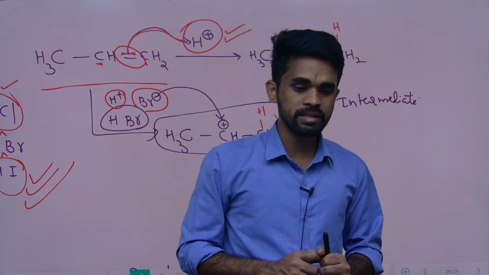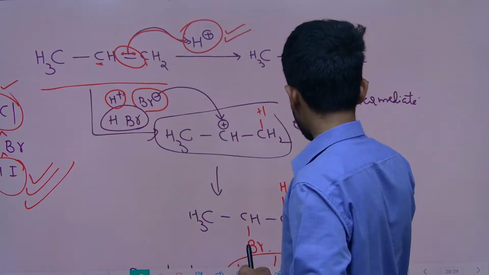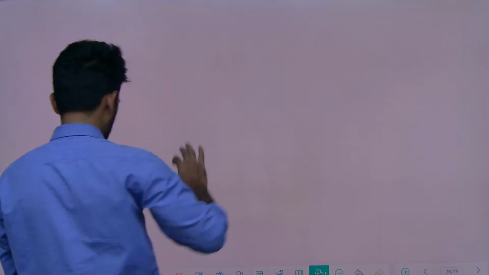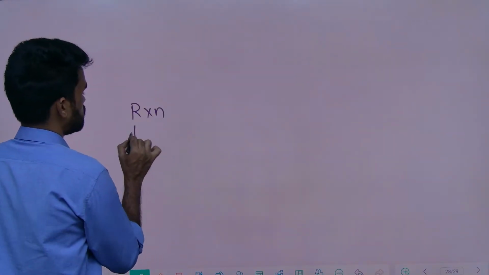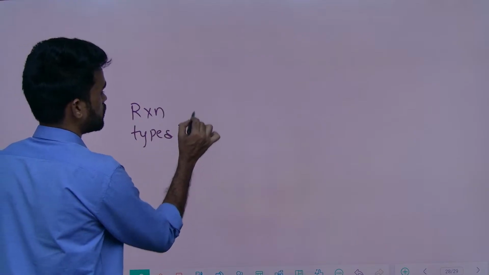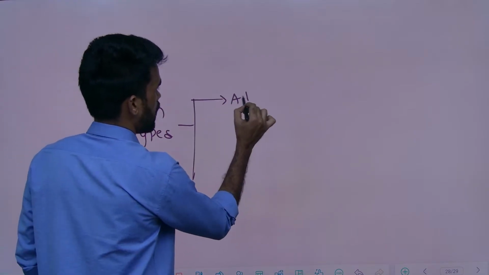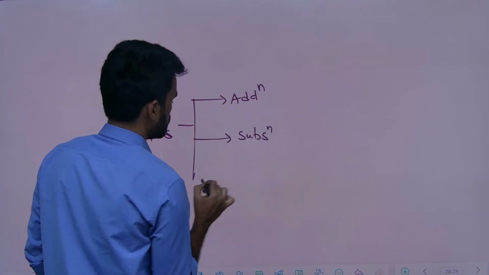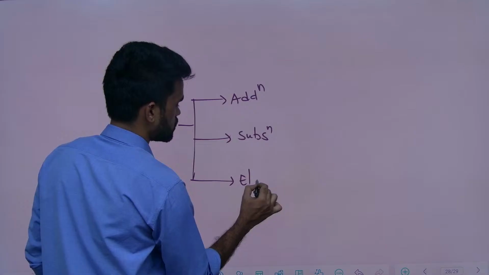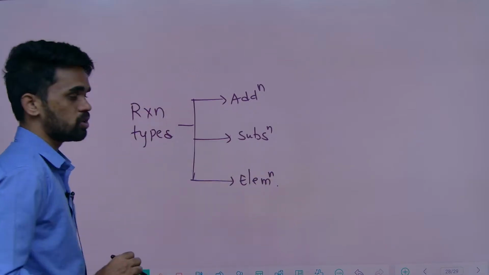Okay, like this, first let me give you the names. Reaction types are addition reactions, substitution reactions, next elimination reactions. Okay, you can make the short form.